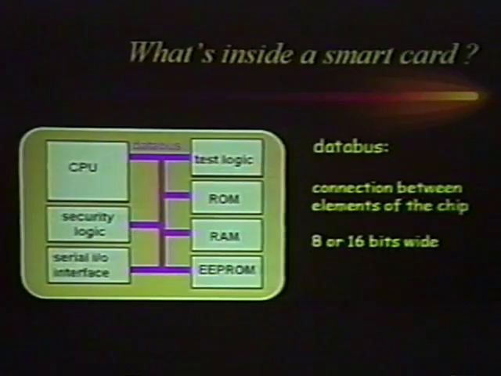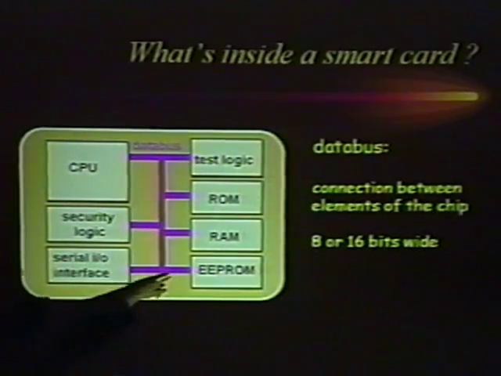Finally, we have the data bus. And the data bus is just connecting all these functions together. Now, there's something important here. If we know that the serial I/O interface is the connection to the outside world, you may get the impression that via the serial I/O interface we can directly read the E2PROM or any of the other memories.